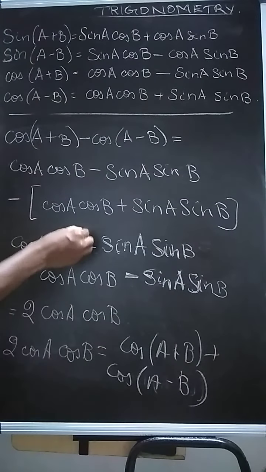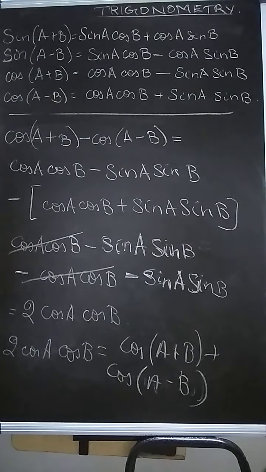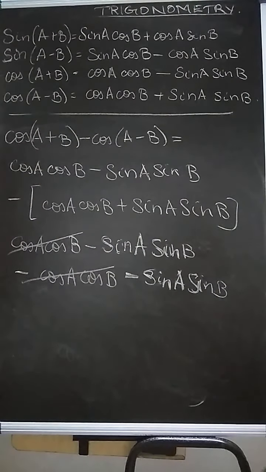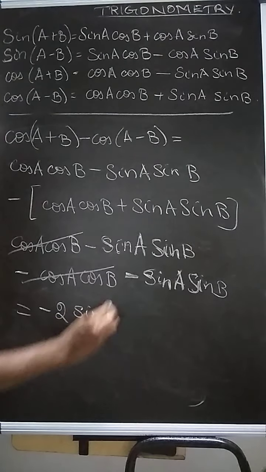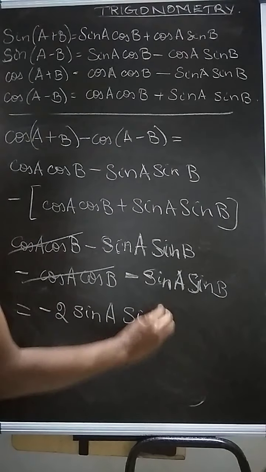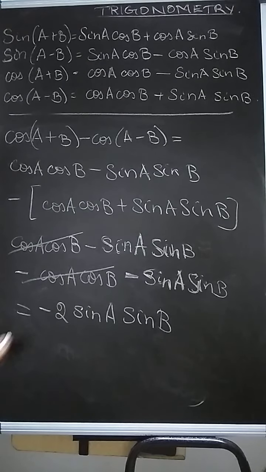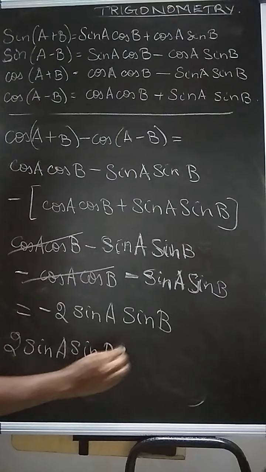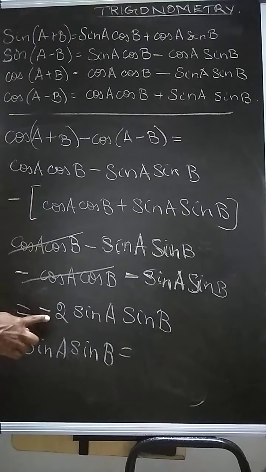So now cos A cos B and minus cos A cos B get cancelled. So you will get an answer minus 2 sin A sin B. So you can say this as 2 sin A sin B is equal to, now we are taking this minus to the left side.